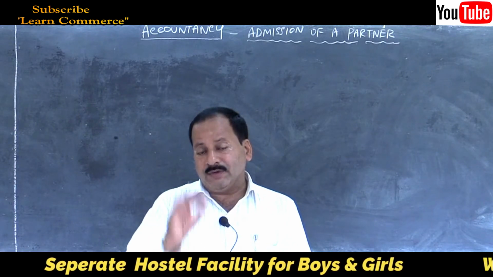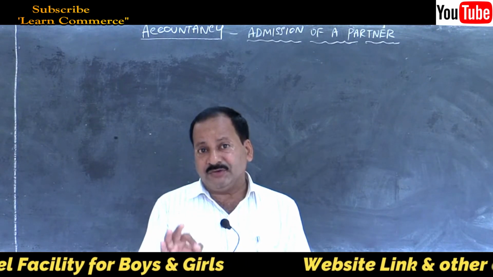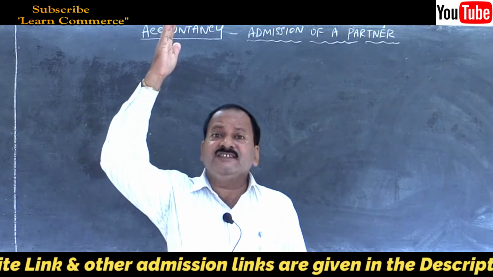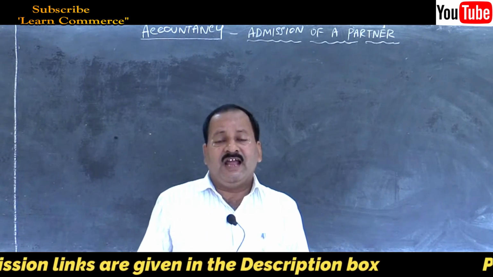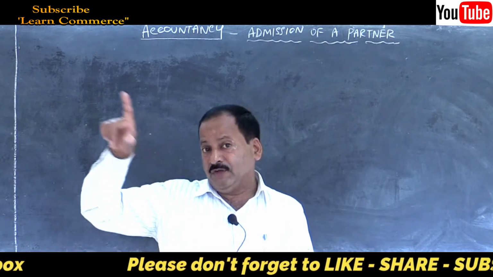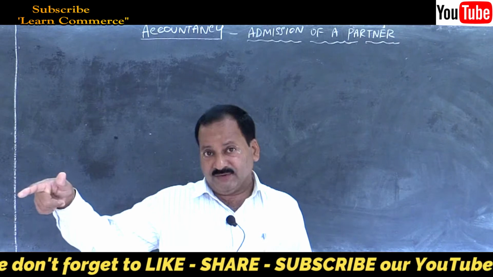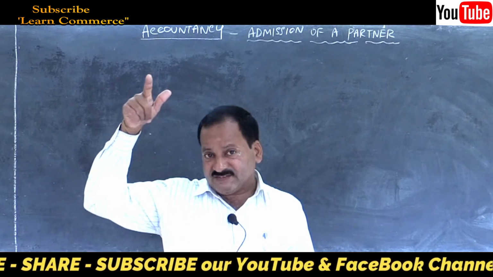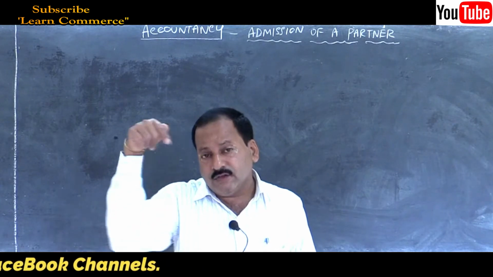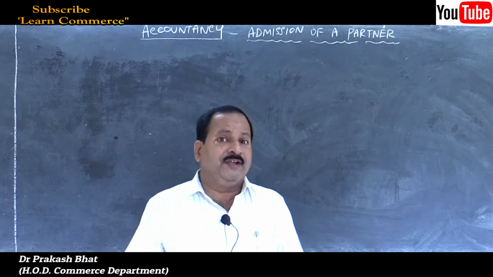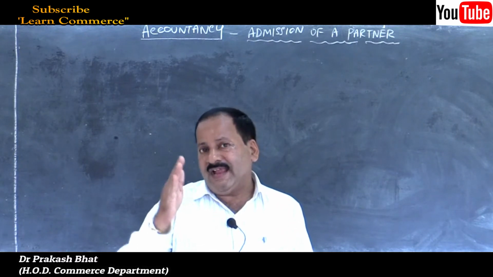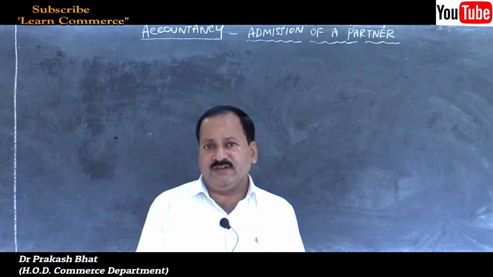Here we have to remember the formula which I told in my previous classes: increase in the value of assets and decrease in the value of liabilities should be entered on the credit side of revaluation account, because an increase in the value of an asset is a profit, and a decrease in the value of liabilities is also a profit or gain to the business concern, to the partnership firm. So it should be entered on the credit side of revaluation account.